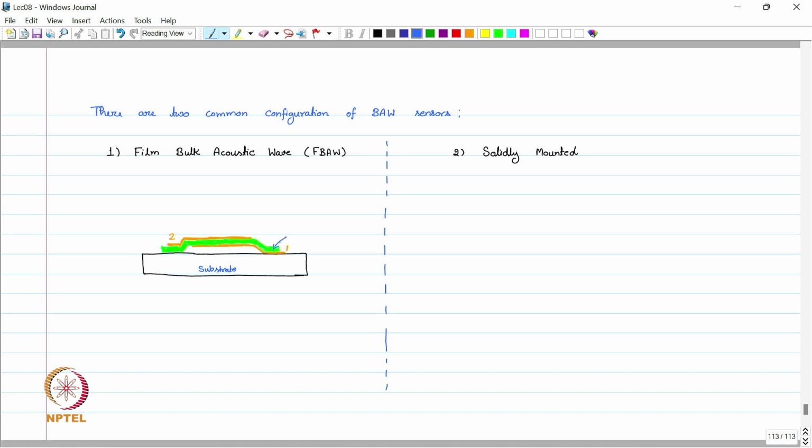This is piezoelectric material. And this gap is air. This is our film bulk acoustic wave.